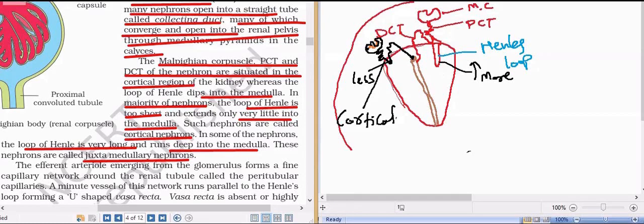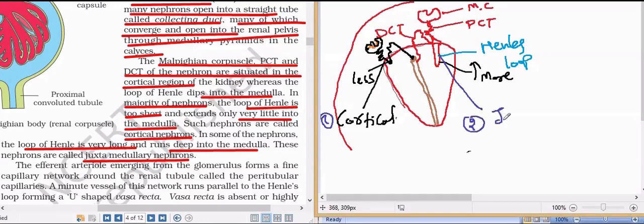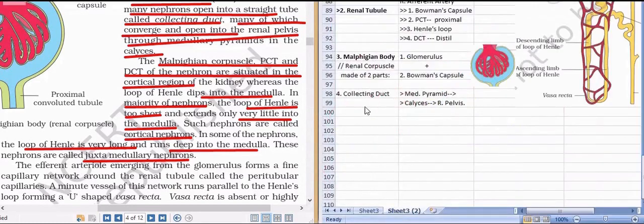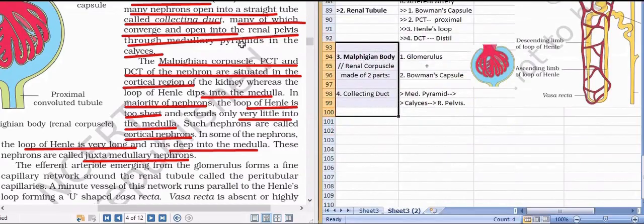So this type will be called the second, number one, second, juxtamedullary nephrons. These two types are there. Now remember, so understand this. Make notes on the position of nephron arrangement. Yeah. What is it saying?